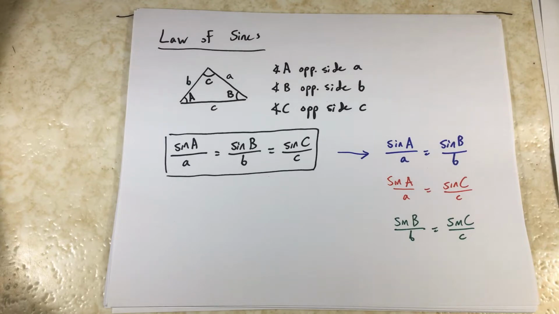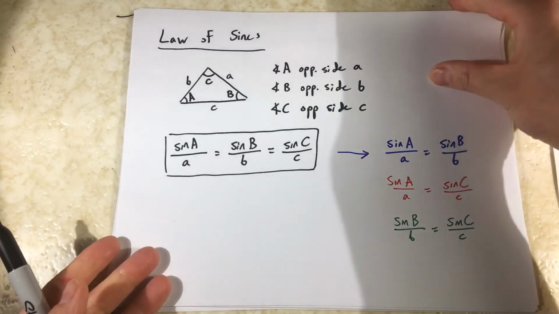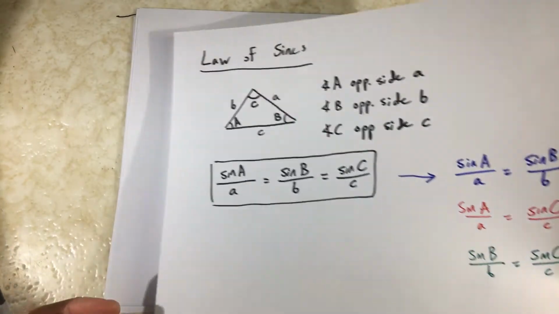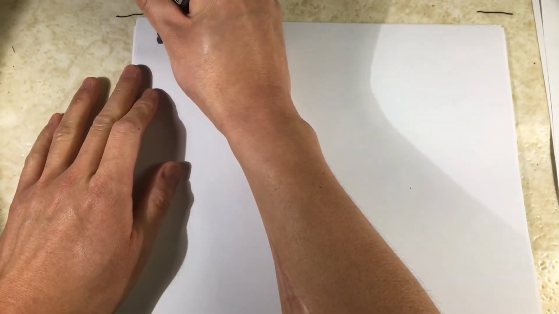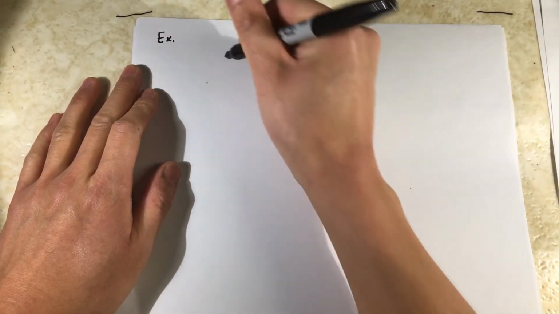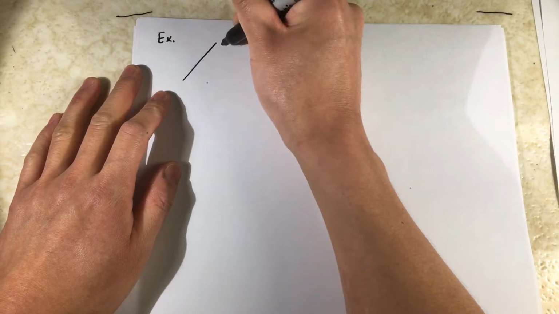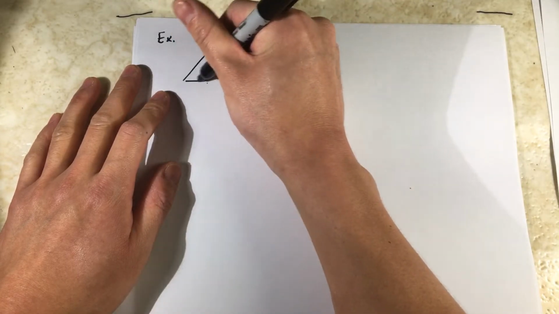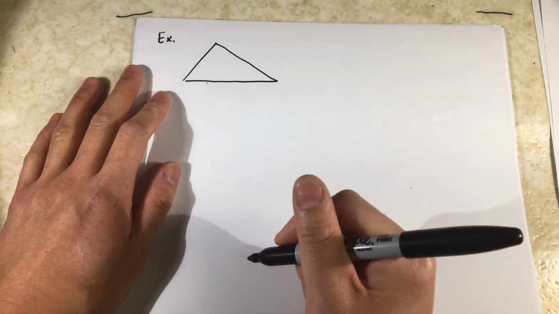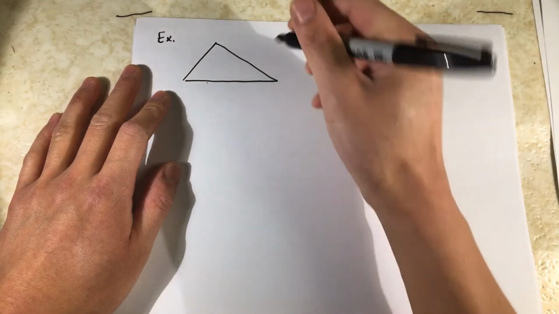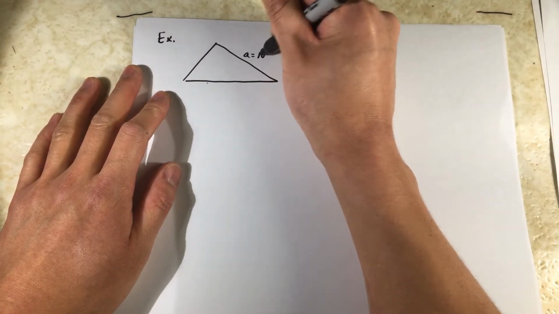All right, so let's do an example where we apply the law of sines. The law of sines works for any oblique triangle. So we have a triangle, and this side is 10.